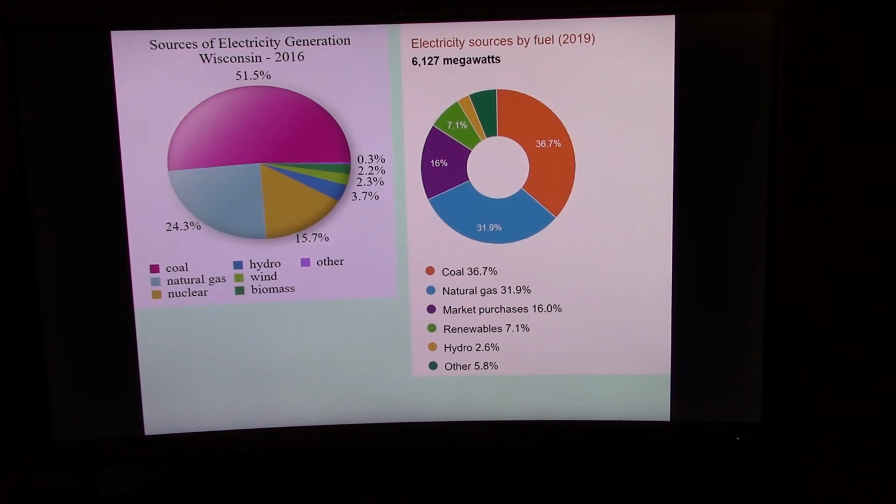You can decide for yourself. But we are making strides. Whether natural gas is so much better, again, those are debatable issues. But we have increased our power generation in renewable power, which I think is a good thing. I don't think anybody will debate that part.